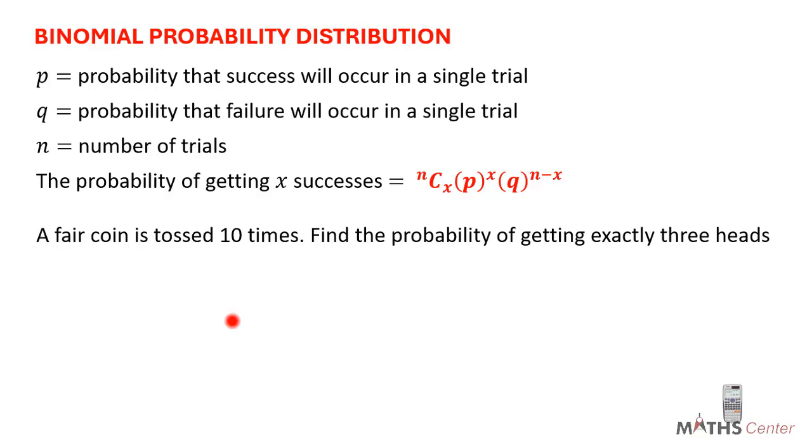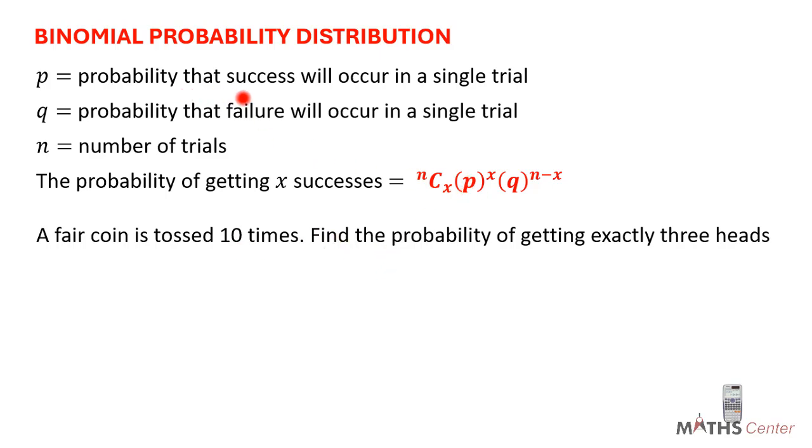Let's analyze this binomial situation we have here. We have learned that when you have a binomial situation, the probability of getting x successes is given by the formula n combination x, p exponent x, q exponent n minus x. Let's find what p is, q is, n is, and x is in this situation. Let's begin with p.